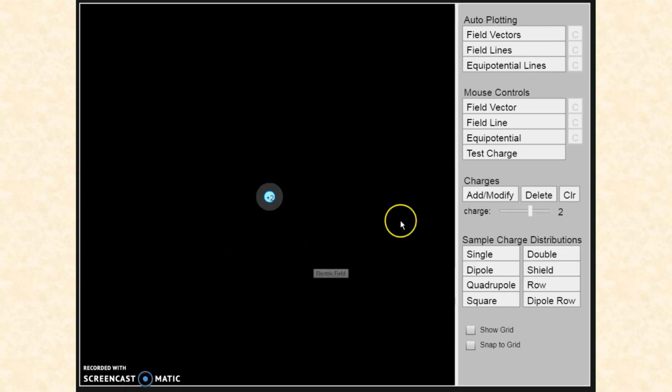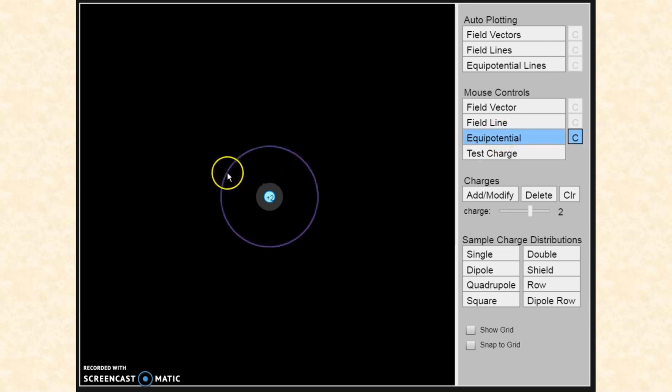So we'll start the simulation with a single point charge of 2 microcoulombs. Remember that the direction of the electric field is determined by the direction of the force on a positive test charge. So to see this, we're going to start by adding some positive test charges near our charge distribution to see in which way they move.